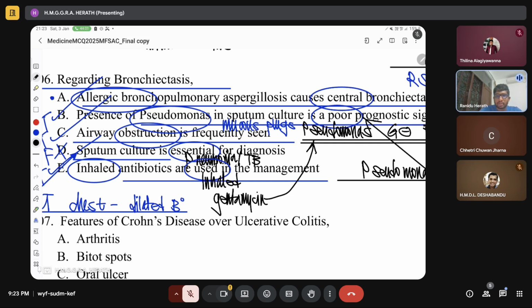So allergic bronchopulmonary aspergillosis is an infective cause of bronchiectasis. The problem is whether aspergillosis causes central bronchiectasis.